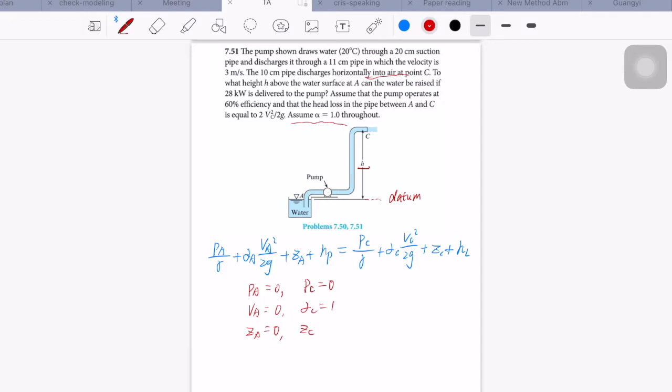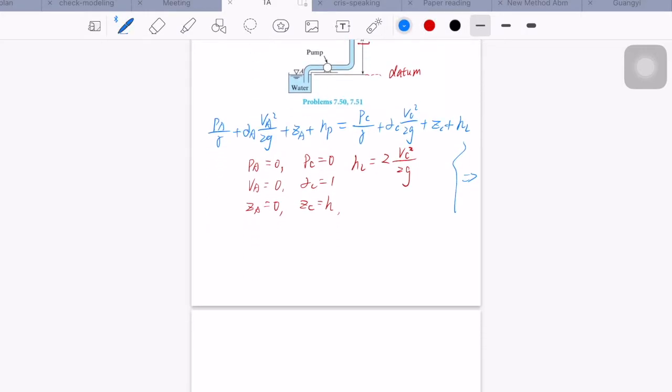And ZC actually is equal to H. And we also know the head loss between A and C is equal to 2 times VC squared over 2g. So now we can get that HP should be equal to H plus 3 times VC squared over 2g.